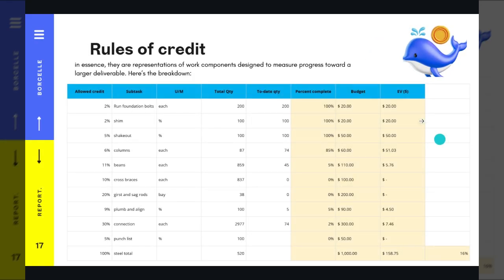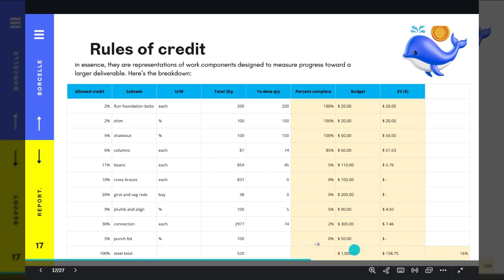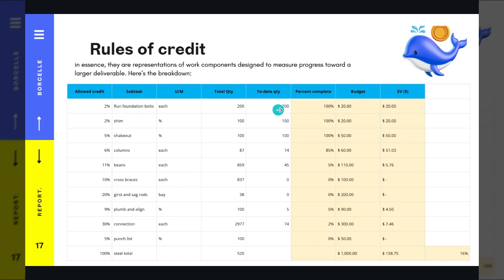But to be honest, I prefer to compute this using percentage. So if this is 2%, and imagine the cost of these total girders is 1,000, that means the budget is 20. So if we have completed 200 out of 200 of this first task, I mean we are at 100% of 20, so our earned value is $20. So in terms of abstraction, I do prefer to use monetary values.